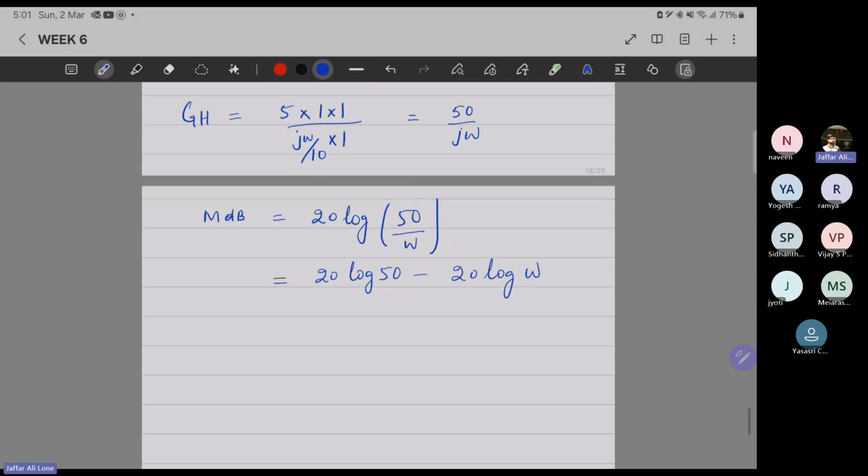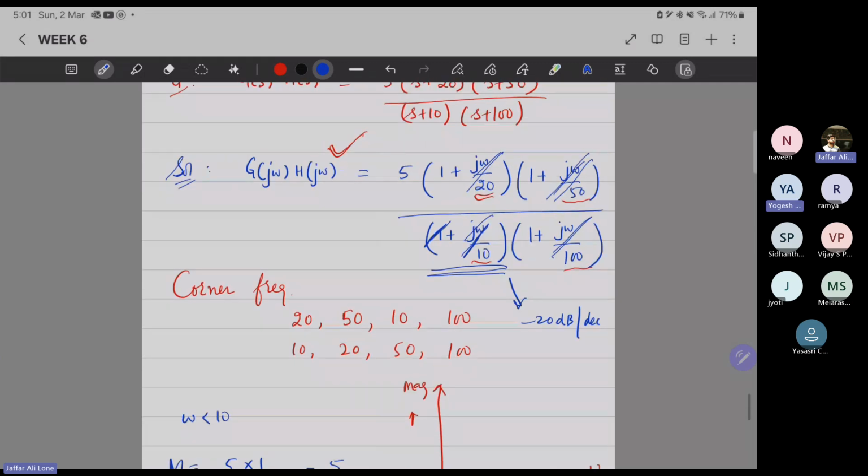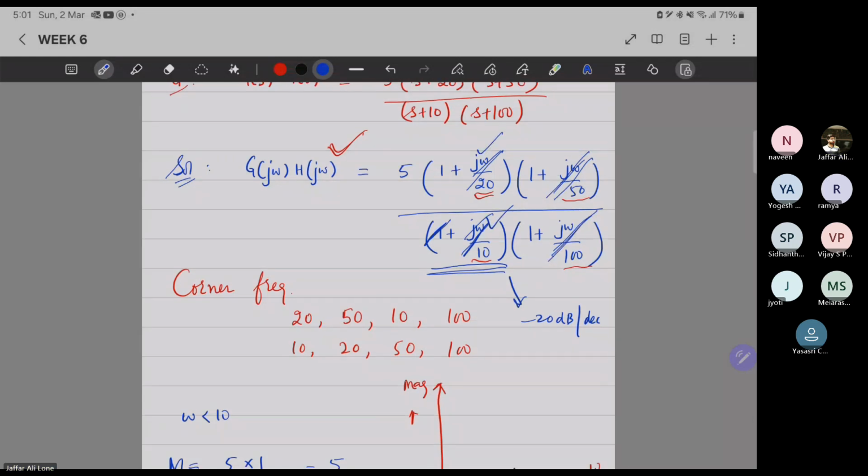Then again, for the third region, which is 20 less than omega less than 50, you ignore this 50, you ignore this 100, but you will not ignore this 20, you will not ignore this 10, right?